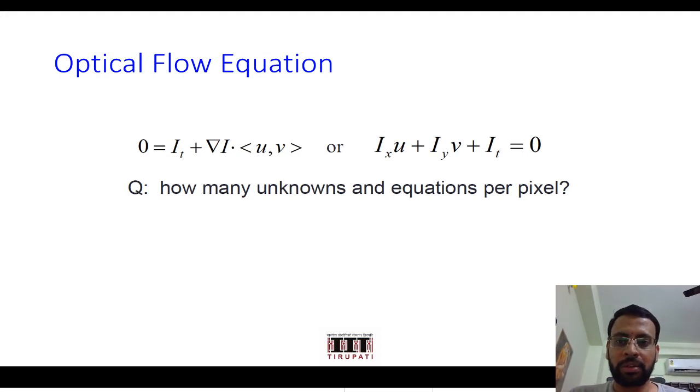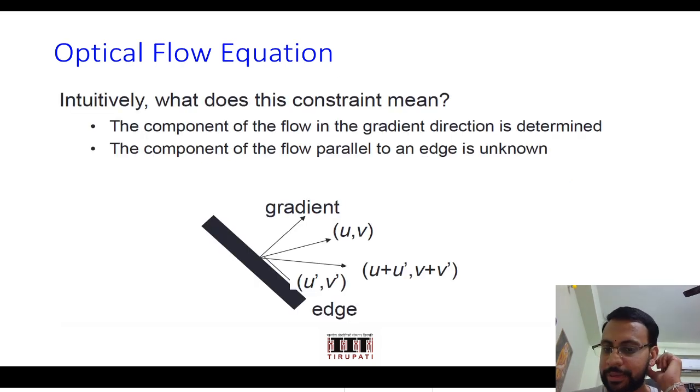Now the same thing has been written here. It is gradient of I dot product with (u, v) equal to 0, or I_x times u plus I_y times v plus I_t equal to 0. This question we answered. It has two unknowns and a single equation, so multiple possible solutions are there.